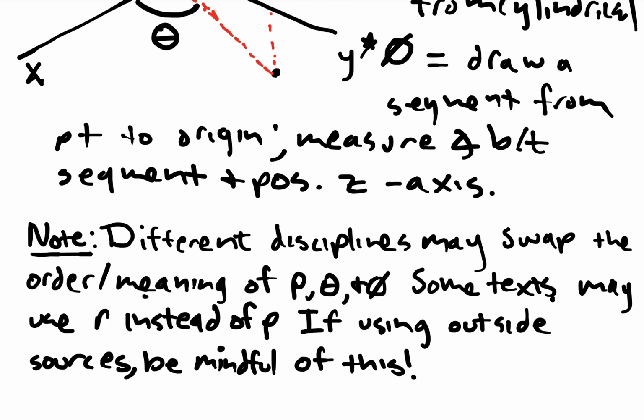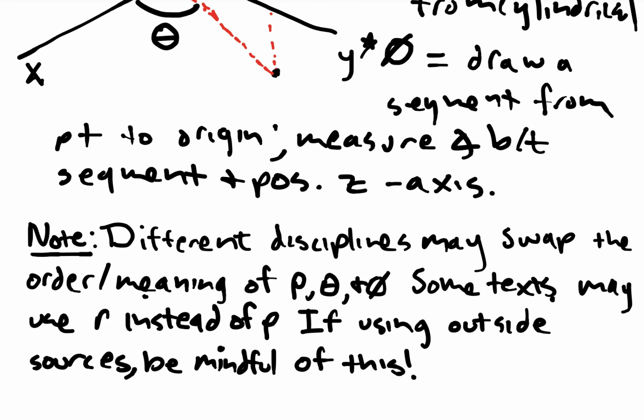First off, rho, this distance to the origin from your point. Some texts may use r instead of rho, so that thing that we called r in cylindrical is a totally different distance. You're going to want to pay attention to context in your outside source to figure out what they really mean by rho or by r.